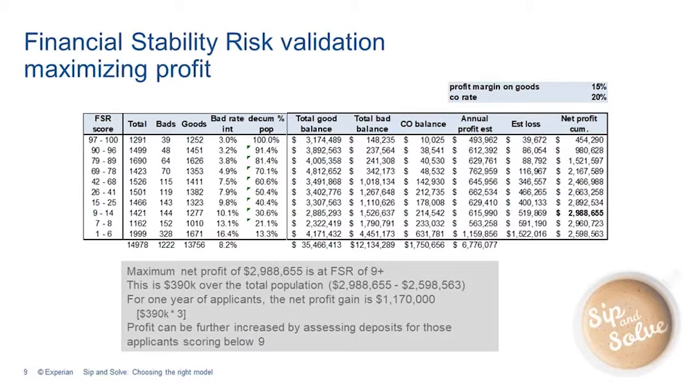And you can see that the profit margin and the charge-off rates are estimates on the top. And you can estimate your net cumulative profit. And what this does on this odds chart with these dollar amounts, you can pick out where you maximize your profit. And it's highlighted from the third row up from the bottom at almost $3 million, the $2,988,000 in that score range of 9 to 14 is where you can maximize your profit in this example.